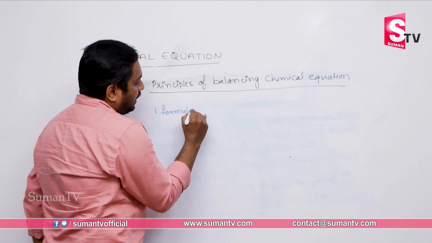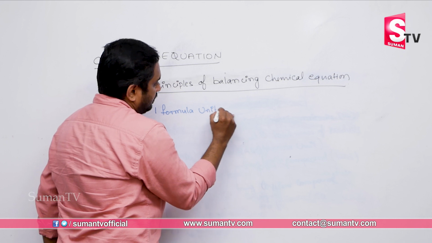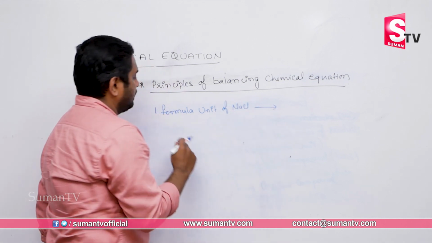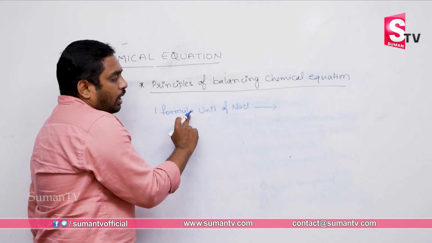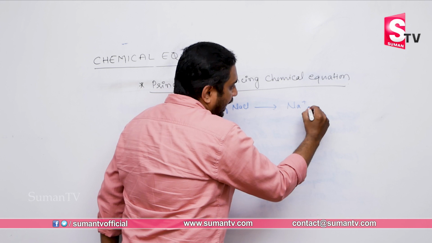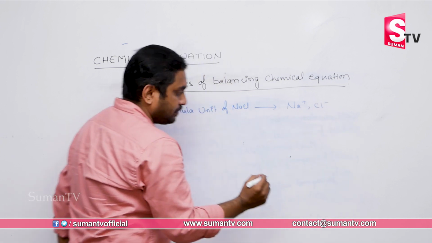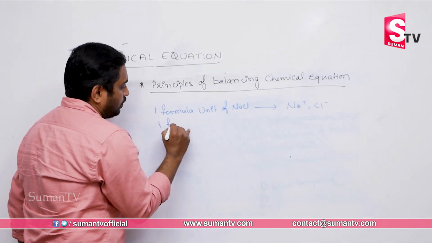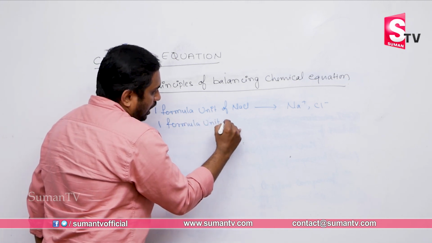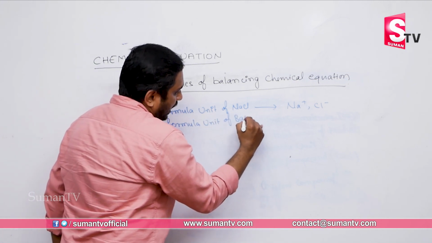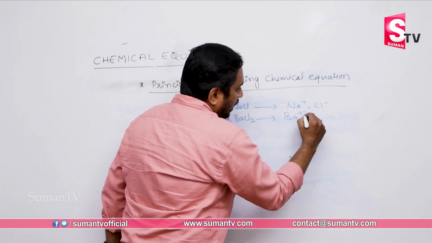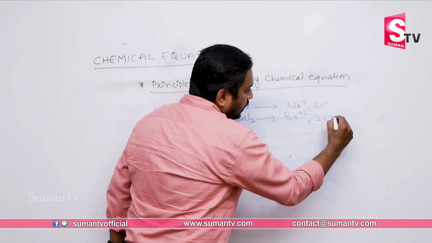One formula unit of sodium chloride contains one sodium ion and one chloride ion. One formula unit of barium chloride contains one barium ion and two chloride ions.